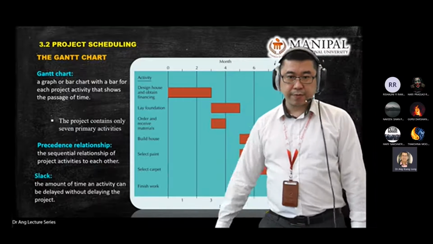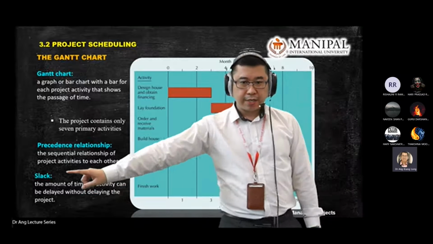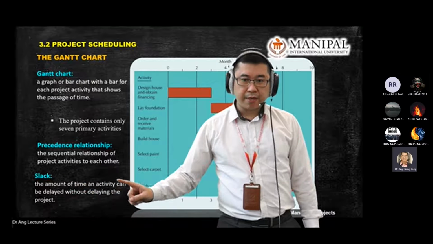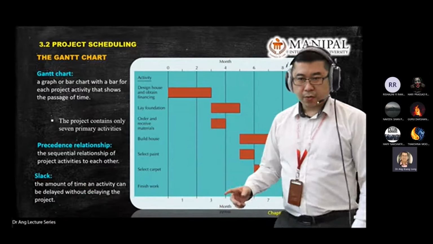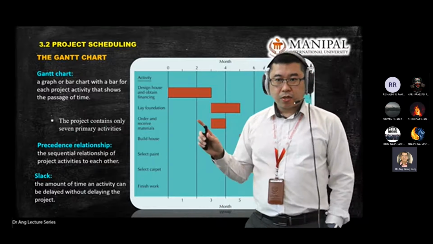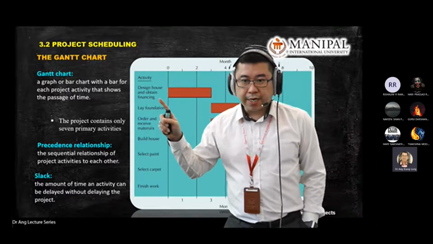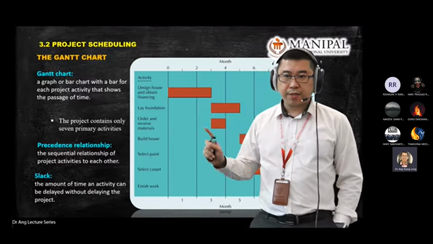Slack. Slack is a new term for today's lecture. Slack is the amount of time an activity can delay without delaying the project. What does it mean? You look at this diagram. For designing house and financing, you need 3 months.